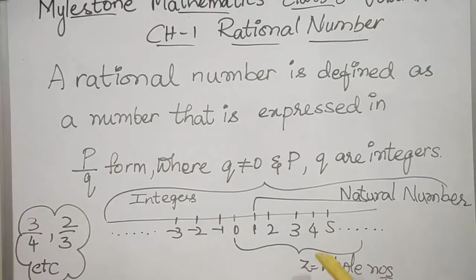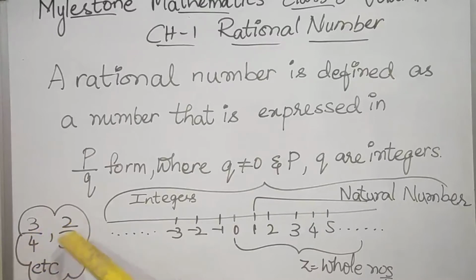So where does the rational number come from? It is from p and q, which are integers, meaning they can be negative or positive.